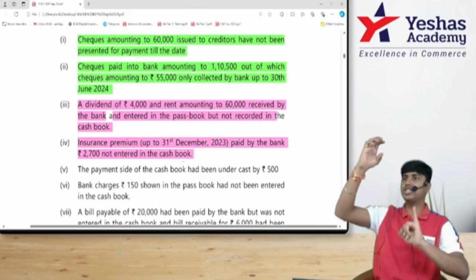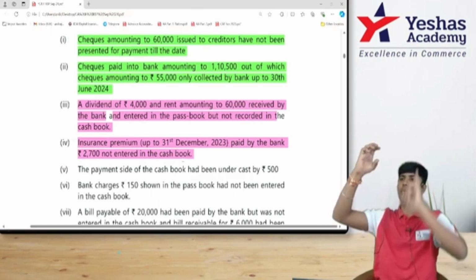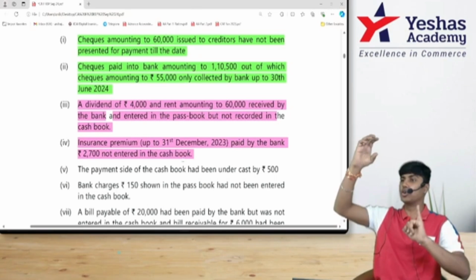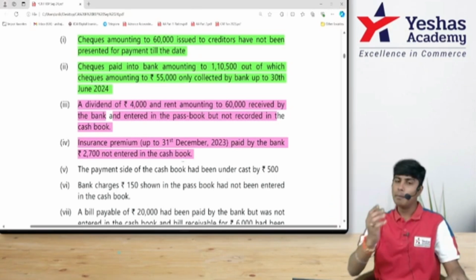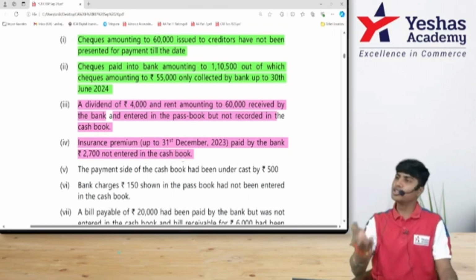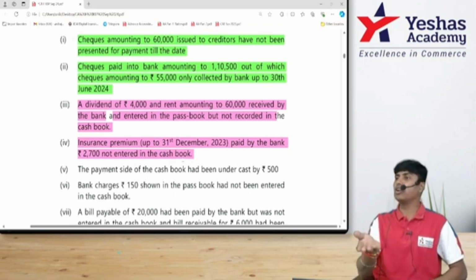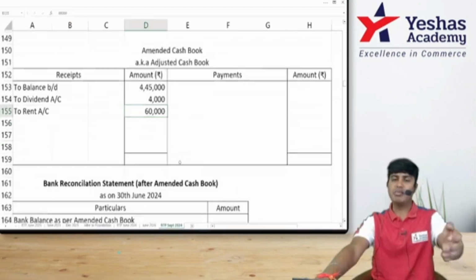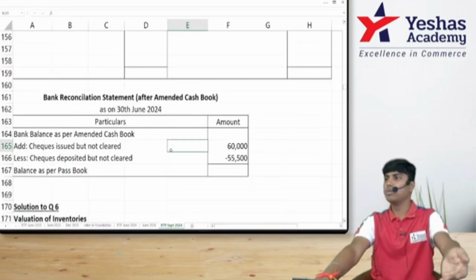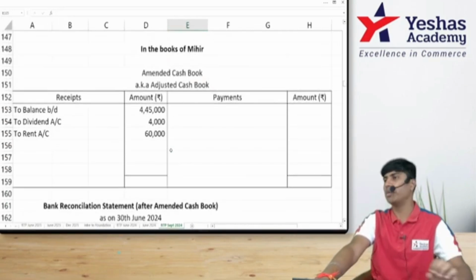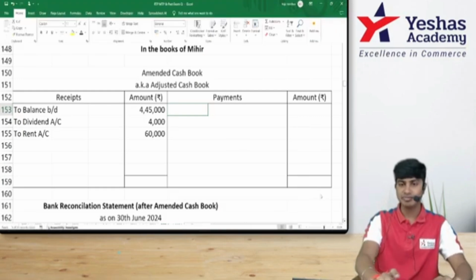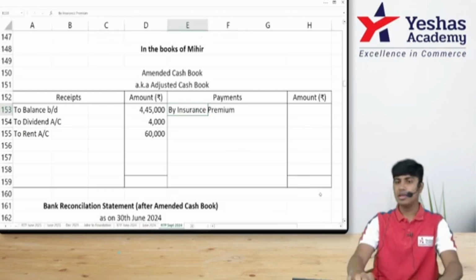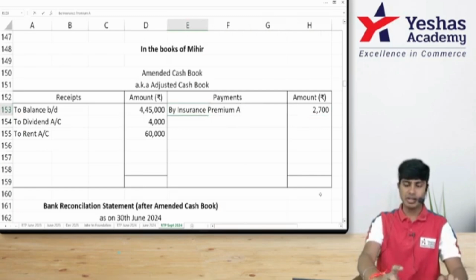No. In order to see the P, either we should P up or C down. What's in your control? C. What do we do? C down. We should minus. But this is an error. Insurance premium, you should have written. Timing, non-timing: if it was timing, I would have written here minus. Because it is non-timing, I would write it in the amended cash book. It is a payment, credit. It's minus. Insurance premium, 2,700.